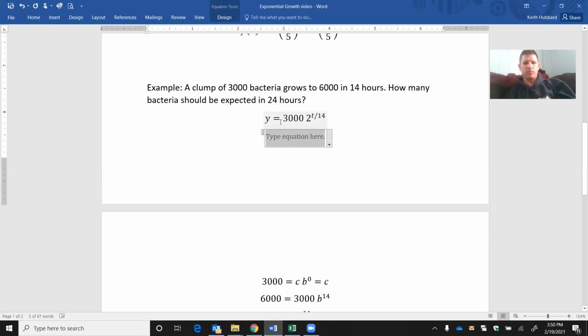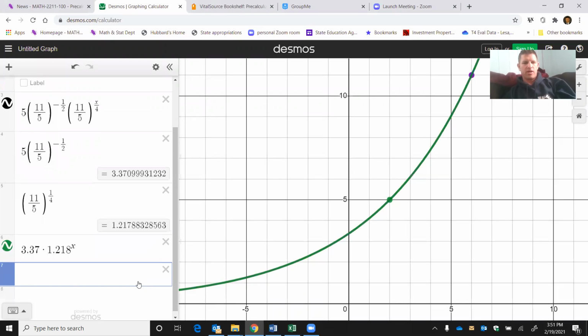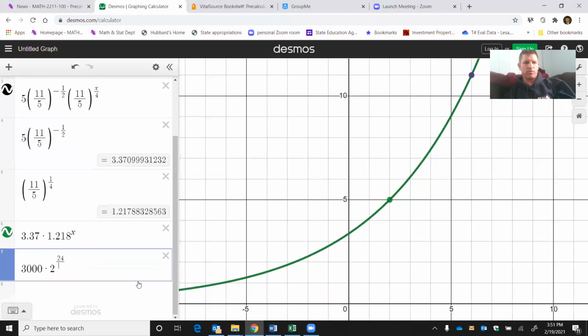So what do we do? We take this model and we say y equals 3,000 times 2 to the 24 divided by 14. Then we go over to our friend, any convenient graphing calculator really, and we say 3,000 times 2 to the 24 divided by 14.